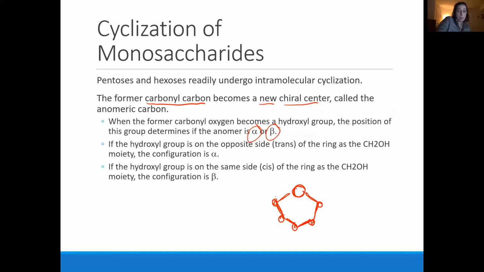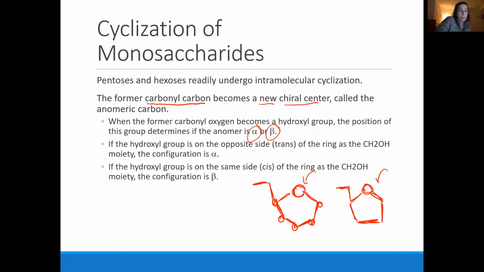This is a 6-membered ring, including the oxygen. You can also, as we showed, have sugars that are 5 carbons long, which would look like this, a 5-membered ring. In all cases, that CH2OH group that was previously on the very bottom of the structure ends up next to the oxygen.